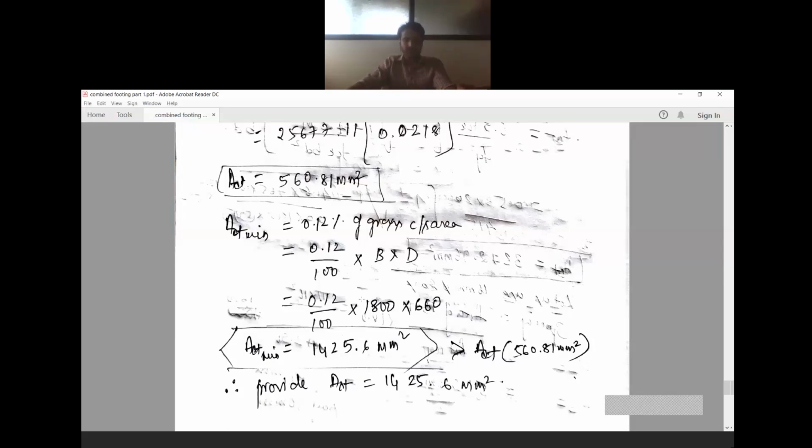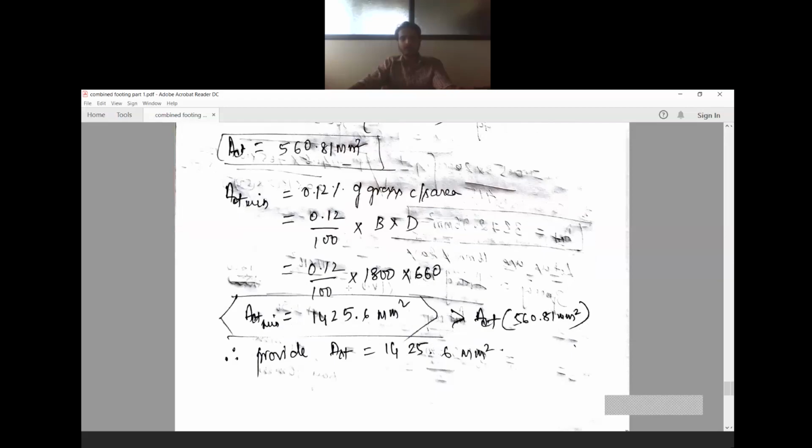So 0.12 divided by 100 into 1800 into 660. 660 is the overall depth that we have considered. So the minimum possible AST that we have to provide is 1425.6 mm square.